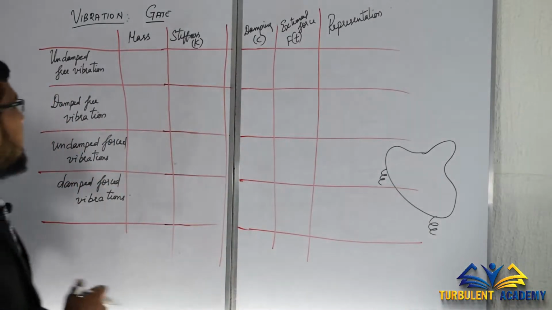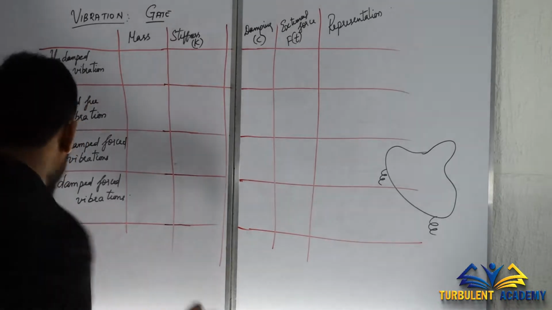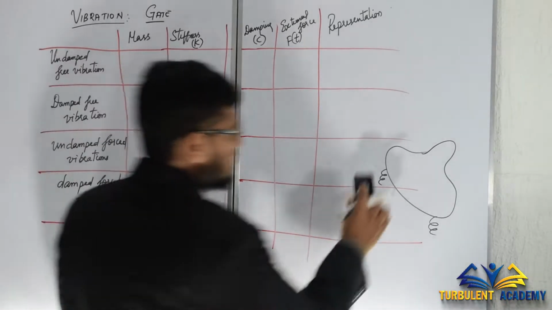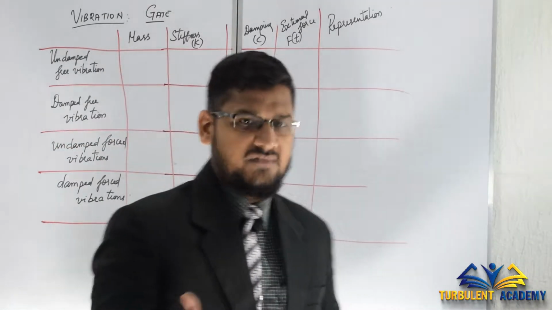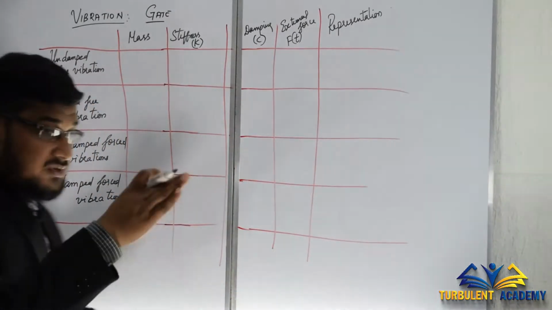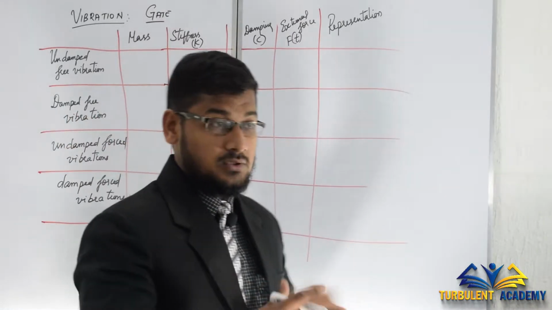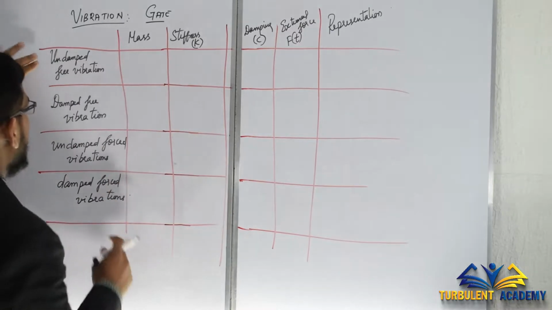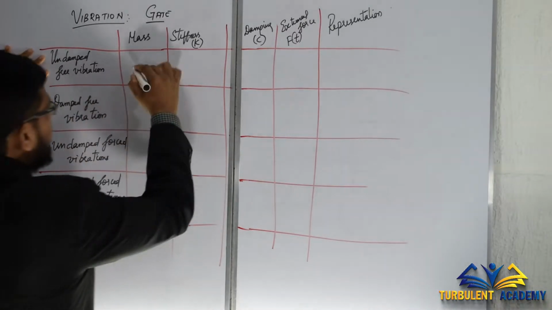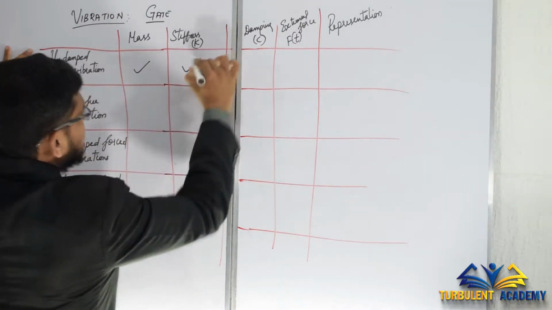Now if you look at undamped free vibration, obviously we need a mass and a spring constant to run any kind of vibratory motion. If there is no spring, nothing which goes to and fro, we can't have a vibration system. So for undamped free vibration, we need mass and stiffness.